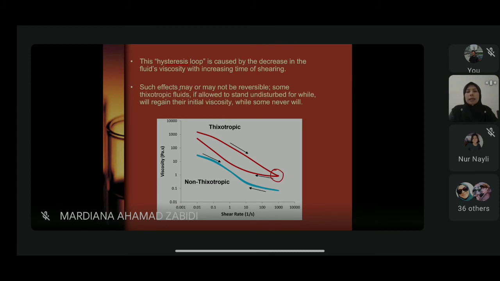For some thixotropic fluids, if allowed to stand undisturbed for a while, they will get back to their initial viscosity, but some of them will not have the same viscosity as the initial product when it started to be mixed.